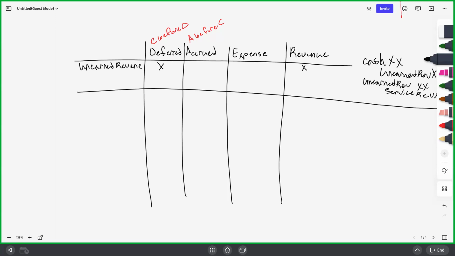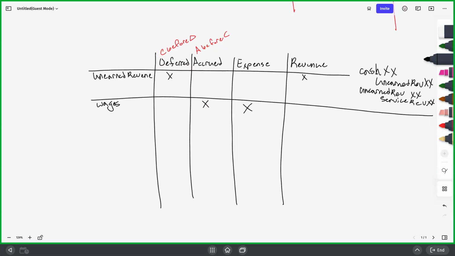Wages. I need to pay my employees, but I don't want to pay them yet. Accrued, perfect. Expense, perfect. The scenario was that I have employees I want to pay, but it's gonna be paid later.